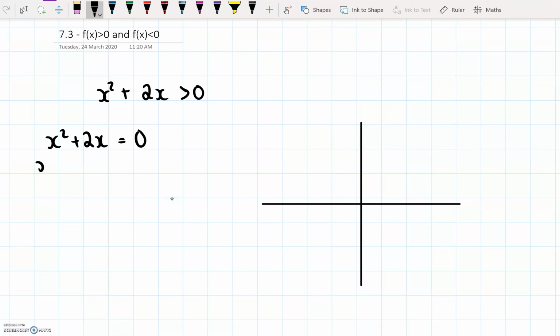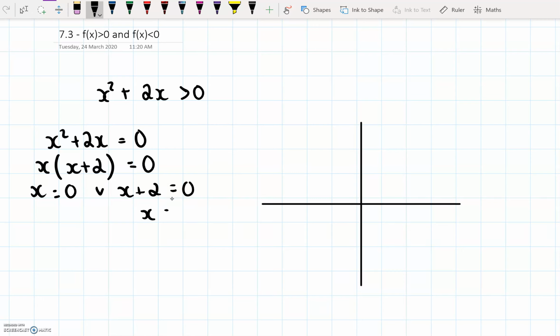So our first factor is x, and then we have x plus 2 is equal to 0. What that gives us is x is equal to 0 or x plus 2 is equal to 0. And this gives us x is equal to minus 2, and we already have x is equal to 0.